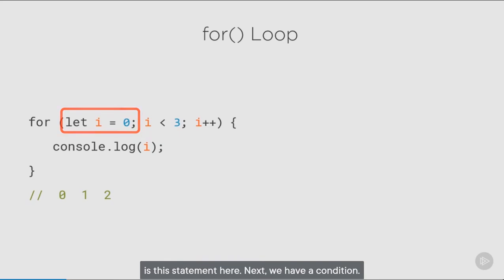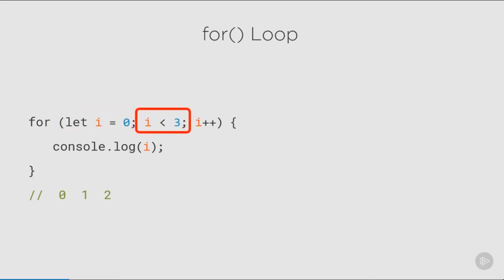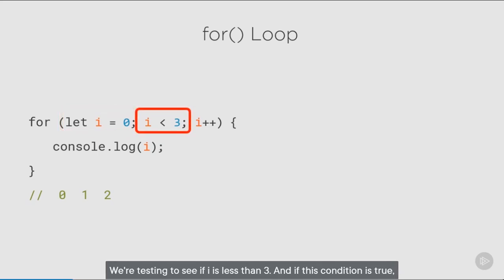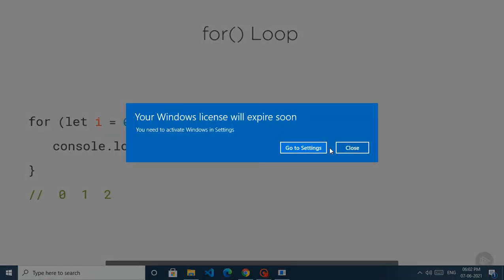Next, we have a condition. We're testing to see if i is less than 3. And if this condition is true, we'll execute this loop. You can see the body of the loop here between opening and closing parentheses. And this final part here is a statement that'll execute after the loop completes.